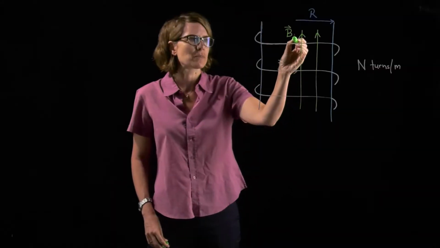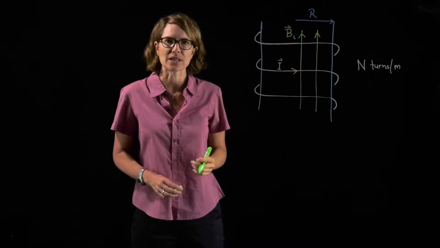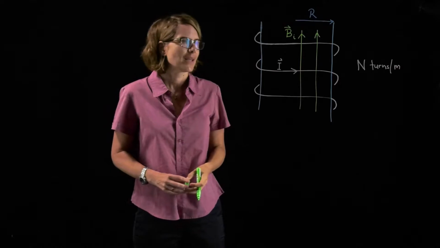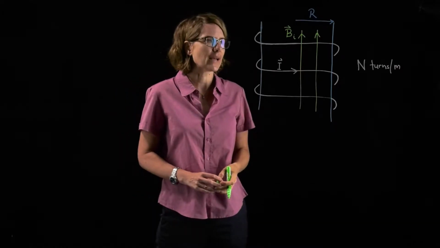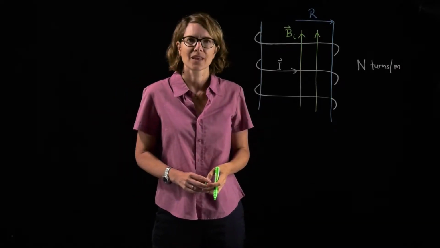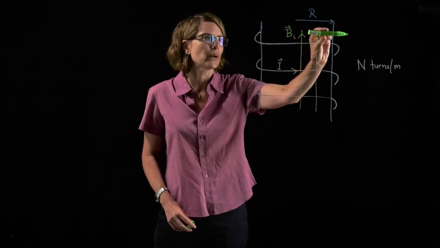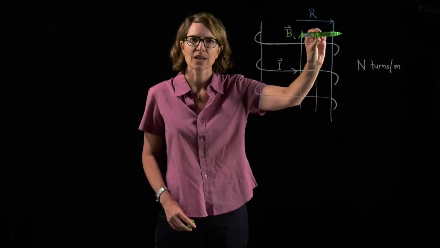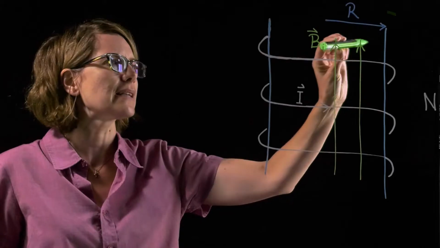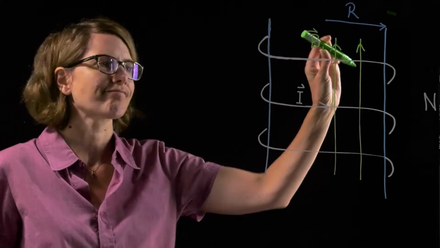I've used the subscript I to indicate it's the magnetic field inside. Because it's parallel to the long axis, there's not going to be a radial component to this magnetic field, and there's not going to be an angular dependence either.